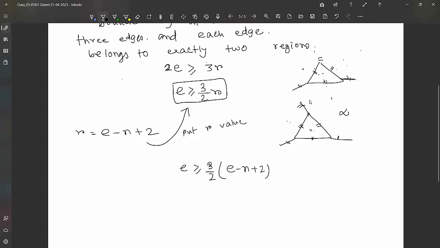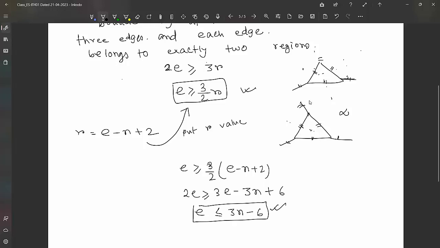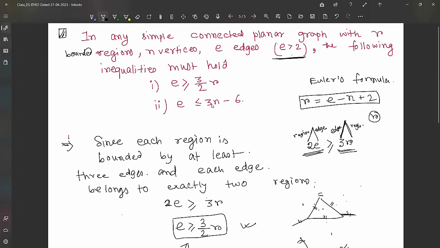So 2e is greater than or equal to 3e minus 3n plus 6. If you take it to the left-hand side, you get e less than or equal to 3n minus 6. This is the second corollary proof. So that is the first corollary and this is the second corollary.